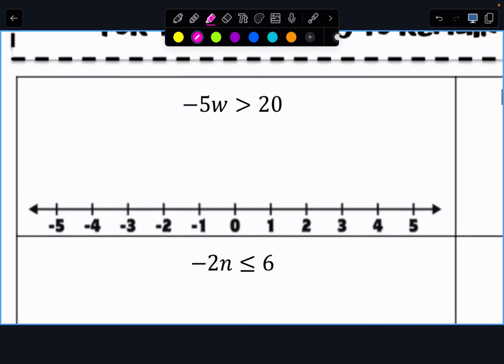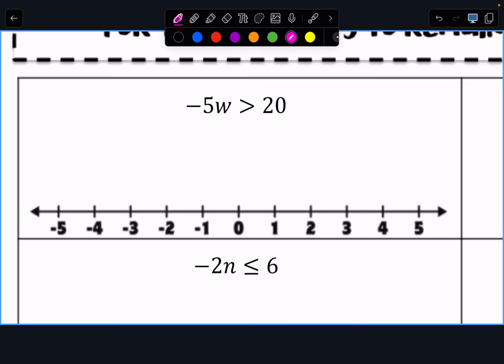Yes. Okay. I want you to look at number 1. What operation is in between -5 and W, Matthew? So we need to undo multiplication, and we know we need to undo multiplication by dividing both sides by -5.